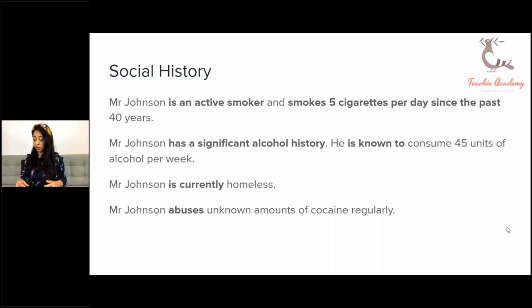But if they're talking about vodka, beer, spirits, whiskey, lots of things mentioned, perhaps the OET wants you to condense that, and then you write just Mr. Johnson has a significant alcohol history of various types of alcohol. When you're talking about someone having a significant alcohol history, you usually have to say of. So has a significant alcohol history of.